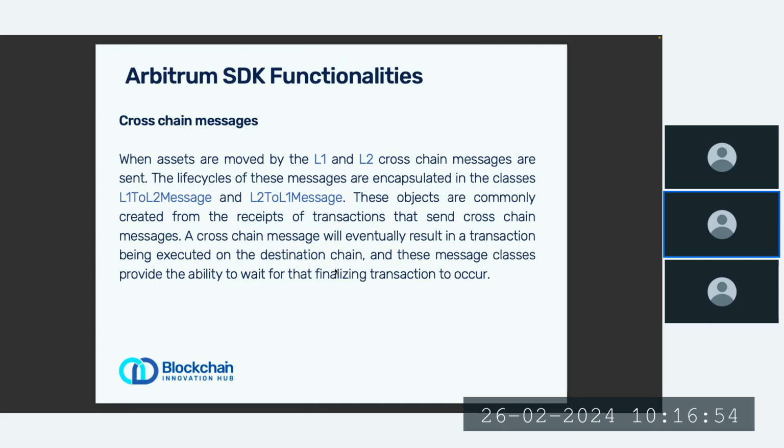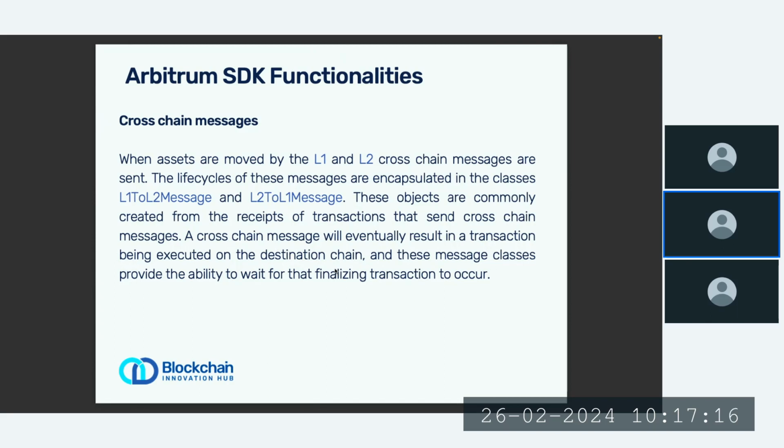The cross-chain message will eventually result in a transaction being executed on the destination chain, and these message classes provide the ability to wait for that finalizing transaction to occur. So cross-chain messages are usually involved when assets are moved from L1 to L2, and L2 to L1.